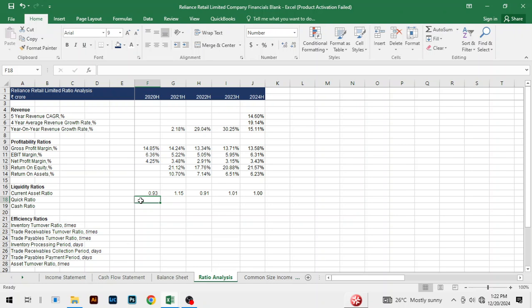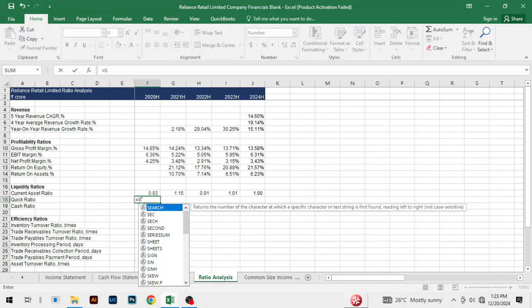Let's now look at the quick ratio or the acid test ratio. What this ratio is all about is we will now remove inventory, since inventory is regarded as not highly liquid. So we are taking all the other assets that we think are highly liquid and compare them to our current liabilities to see if those highly liquid assets can cover our current liabilities.